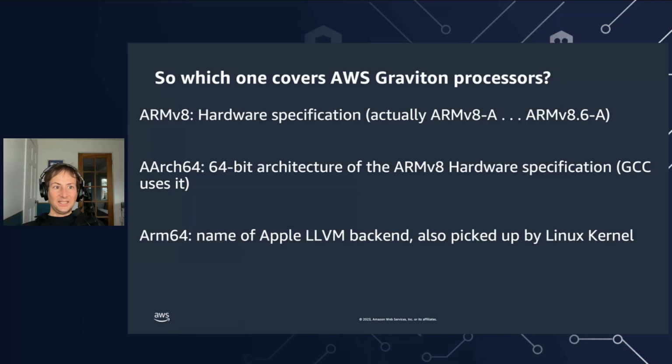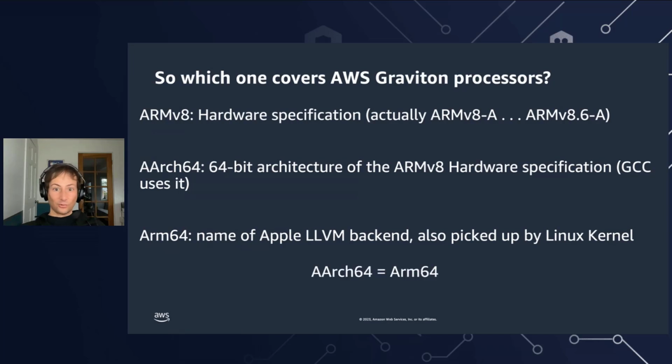When you see AArch64, that's the 64-bit architecture of the ARMv8 hardware specification. GCC, for example, uses AArch64. When you see ARM64, that's the name that Apple used when implementing a backend for the LLVM compiler. And that name has also been picked up by the Linux kernel.